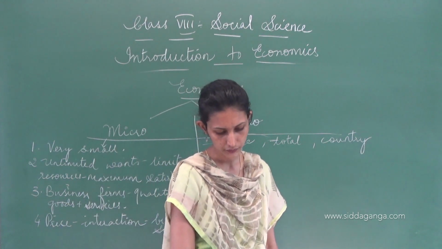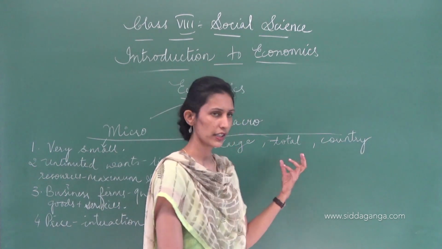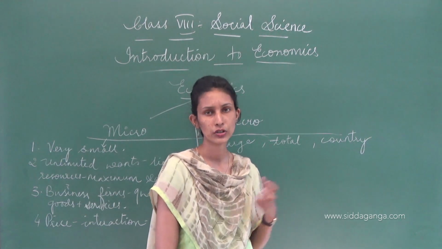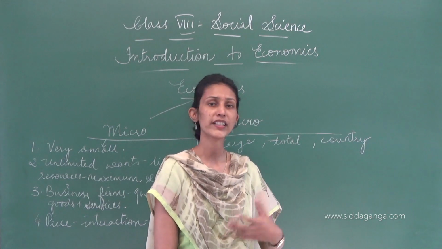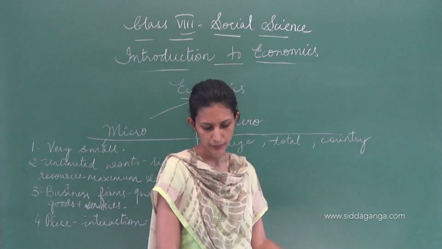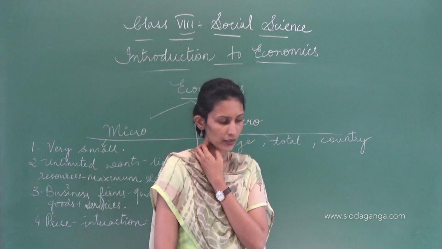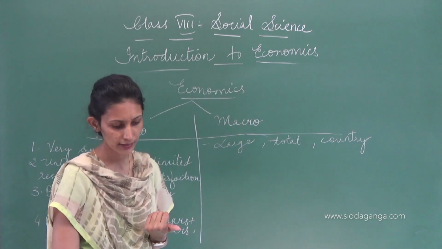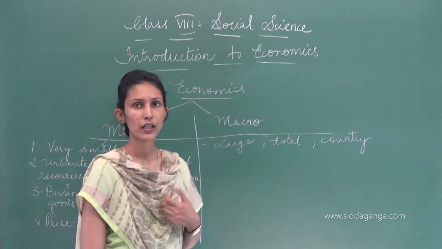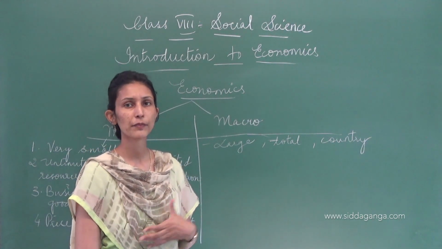Whatever decisions are taken, however the money is going, what is happening, all is taken under macroeconomics. Now, what kind of decisions are made here? How do we collect taxes? How do we spend on public facilities?